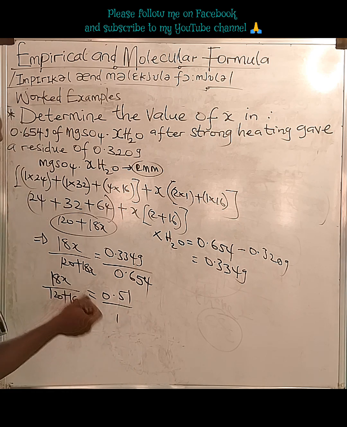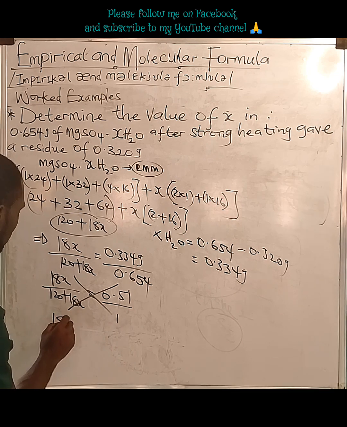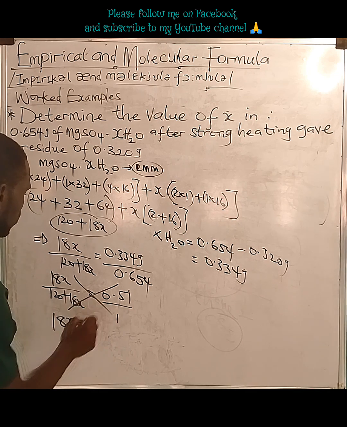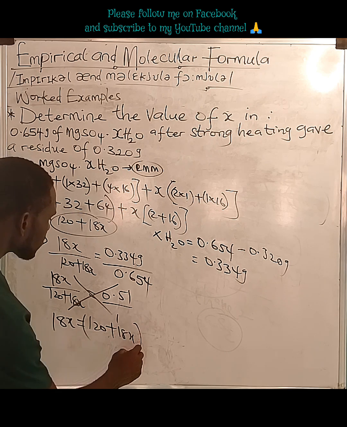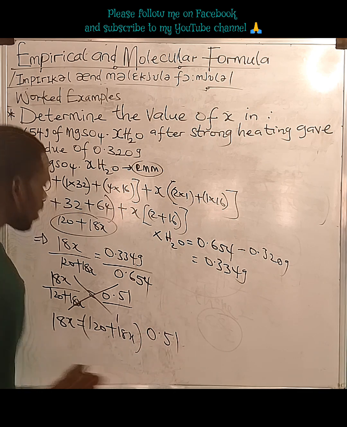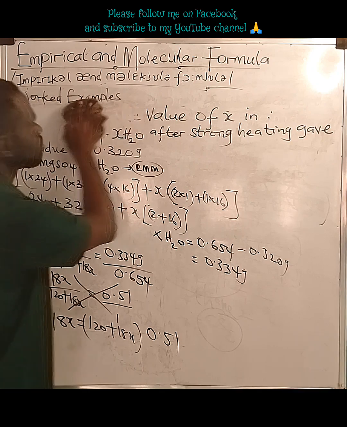Now we cross multiply. 18X times 1 is 18X, equals 120 plus 18X, times 0.51. Quickly, we're going to finish it off from here.